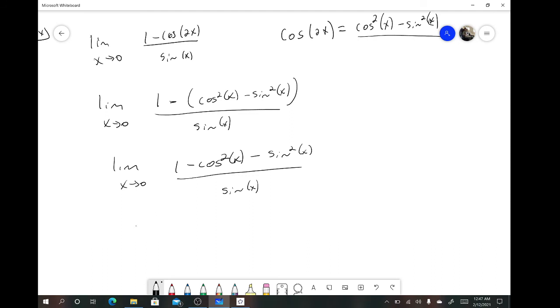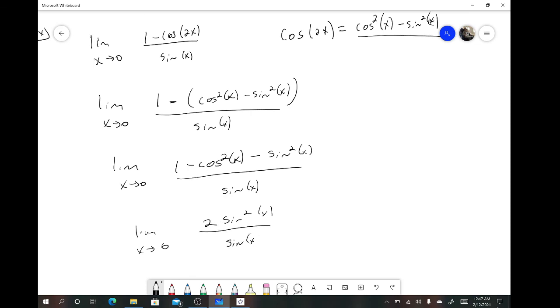So we have the limit as x goes to 0 of, it's actually 2 sine square x over sine of x.